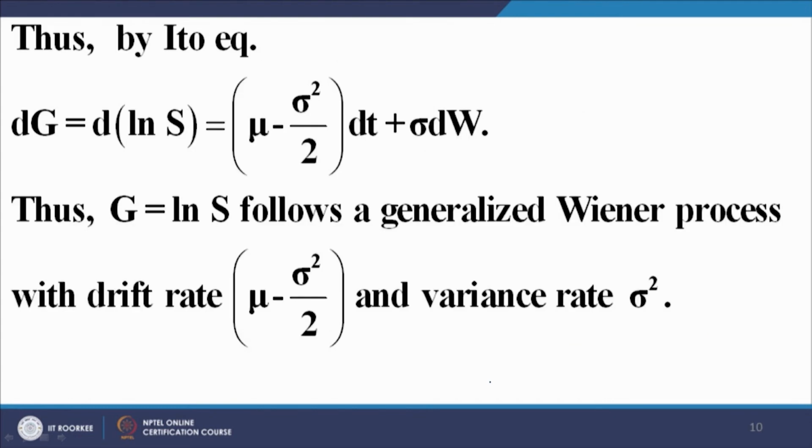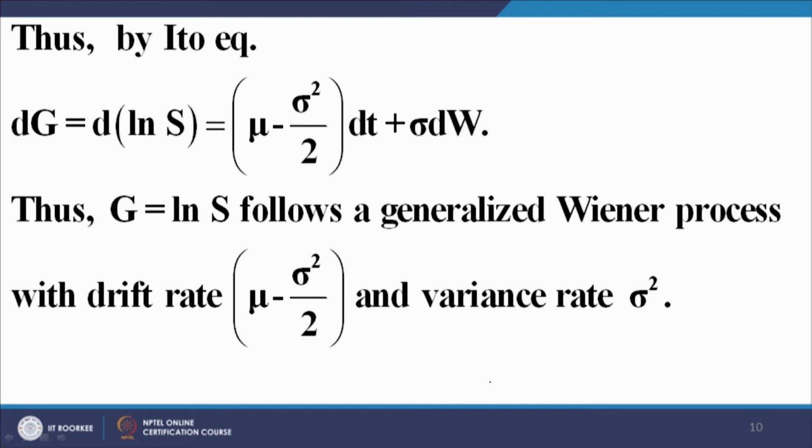So, what do we infer? We find that d of log S is normally distributed, or rather it follows a generalized Wiener process with a drift rate given by mu minus 1 by 2 sigma squared, and a variance rate given by sigma squared.